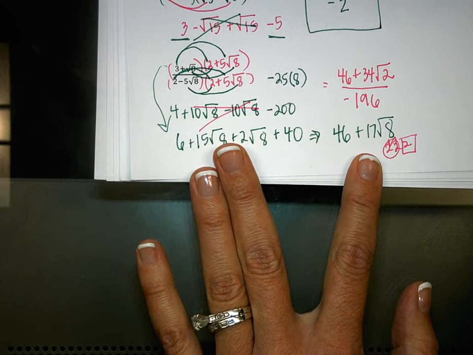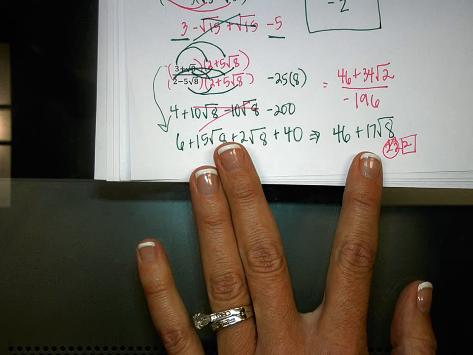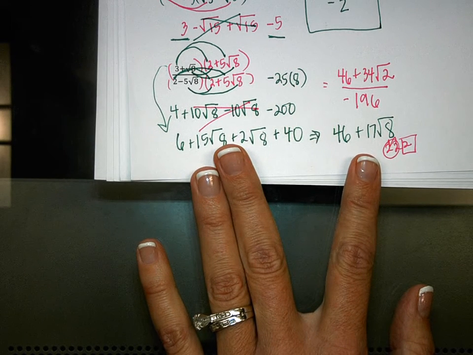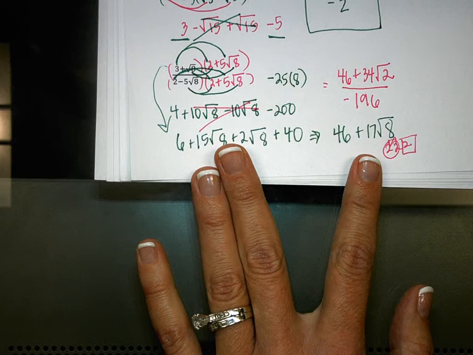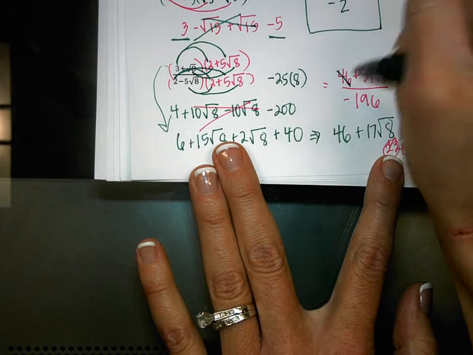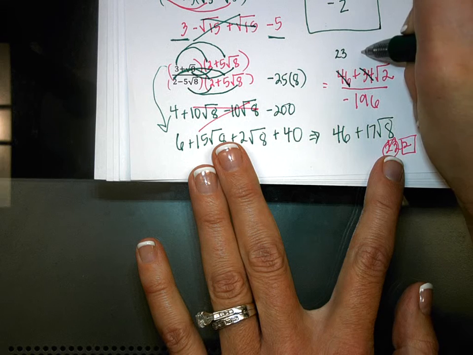Is there anything else I can do? Is there a number that goes into all three? 8? No, I'm just kidding. 2. 46 divided by 2 is? 23. 34 divided by 2 is? 17.